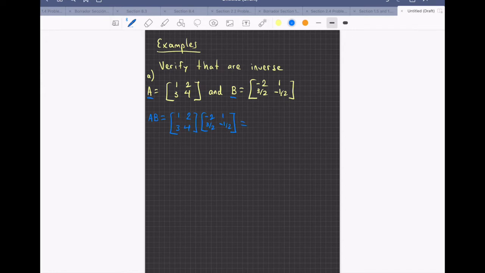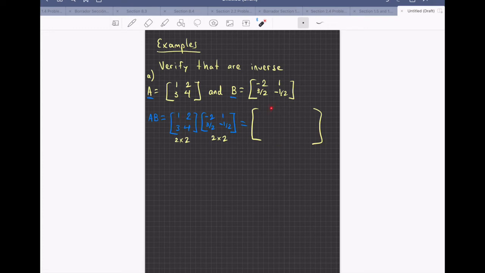So these matrices, they have size 2 by 2. Notice that they have the same size, but they are square besides that. So the concept of the inverse makes sense. So the result is going to be a matrix with size 2 by 2.